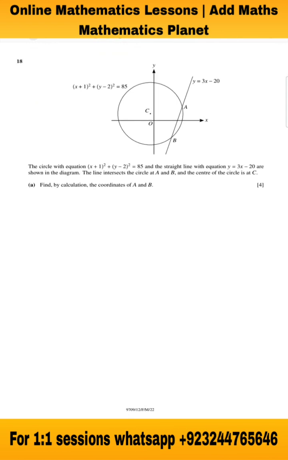Okay, so question number 18: a circle with the equation and a straight line with the equation are shown in the diagram.